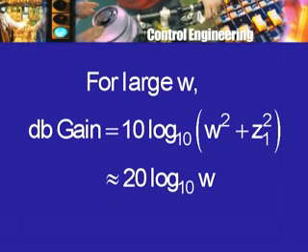So, as omega changes, the gain changes, and of course, it changes logarithmically because the gain is dB gain and not the original gain. Do not get worried by this log 10, we have already taken log, that is why there is log 10. Otherwise, the gain will be simply proportional to omega as we saw earlier. So, as a function of omega, it looks like log to the base 10 of omega.